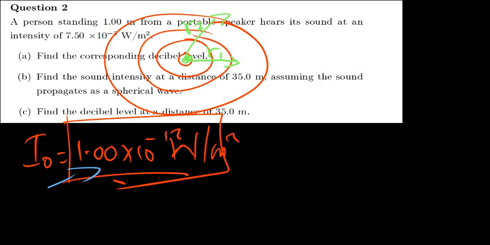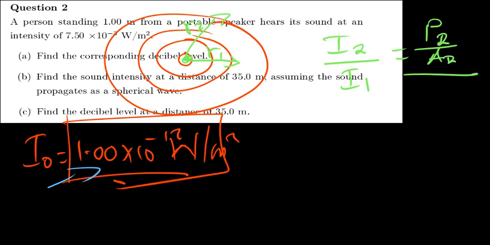Let's start with intensity 1. Intensity 2 divided by intensity 1 is equal to power 2 divided by area 2 over power 1 divided by area 1, but the power will not change.